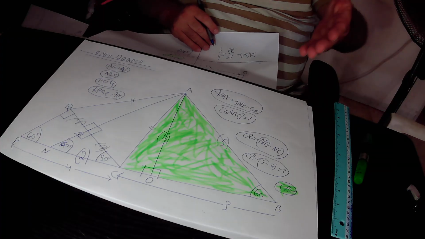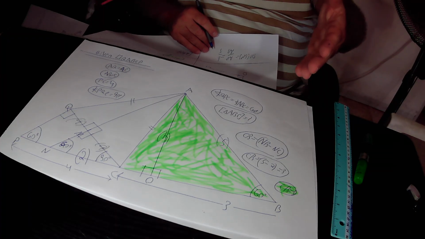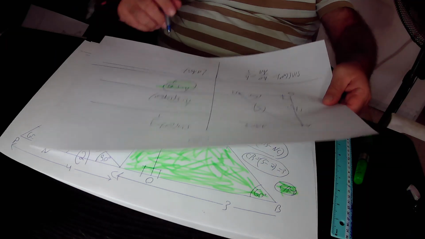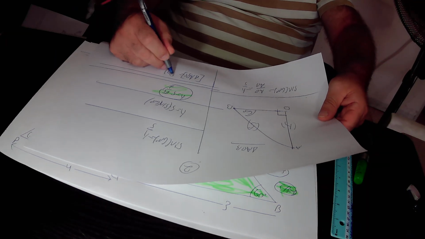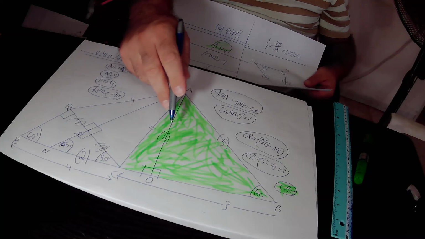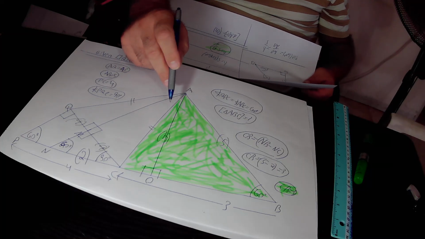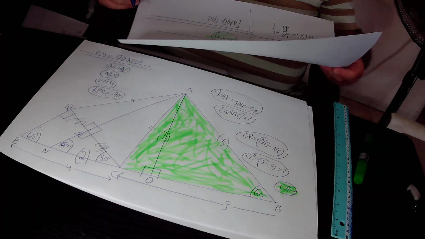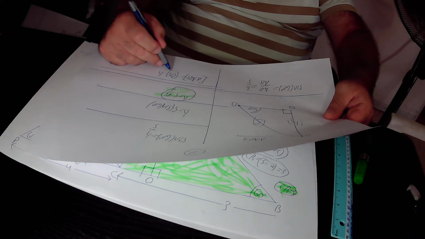We'll choose the base of this green triangle ABC as CB. So it will be the base CB times the height H. Why? Because it creates 90 degrees with the base CB.